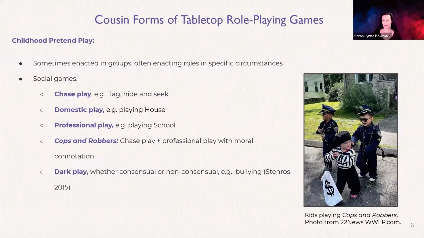Here we have an image of some kids playing cops and robbers for Halloween. And then dark play, whether consensual or non-consensual. Play is not always positive, and it's not always beneficial for everyone. Sometimes there's bullying, for example, which can be considered a type of play.